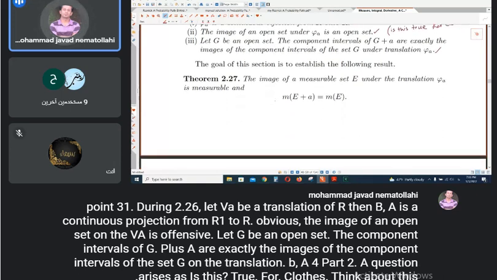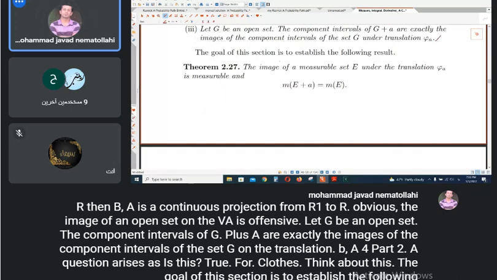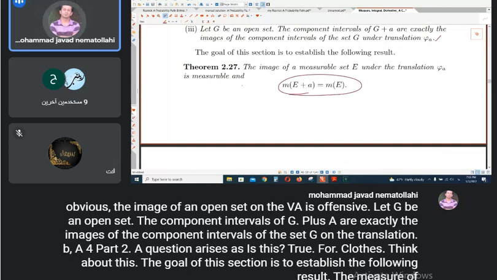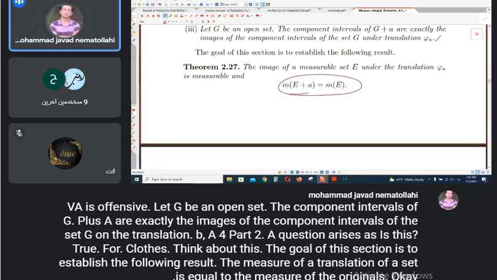The goal of this section is to establish the following result. The measure of a translation of a set is equal to the measure of the original set. Okay? m(E + A) = m(E).